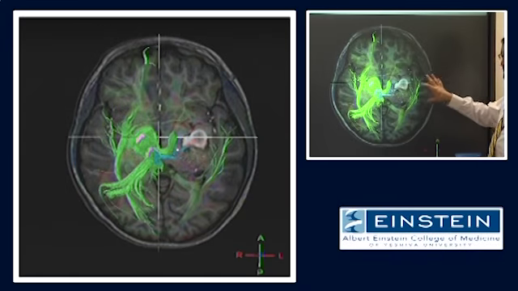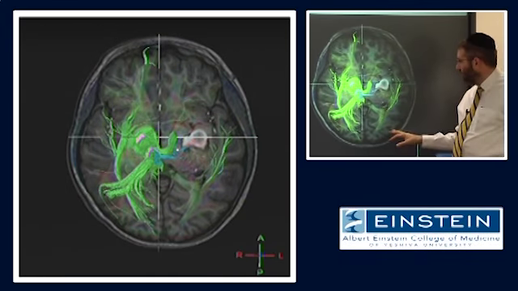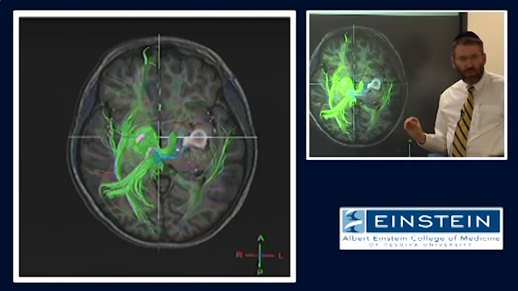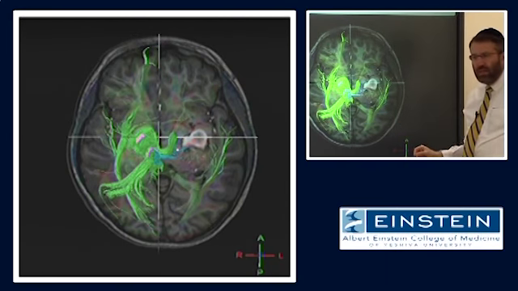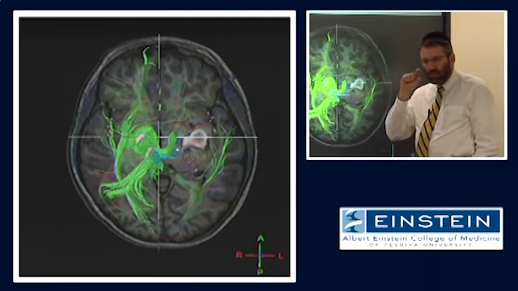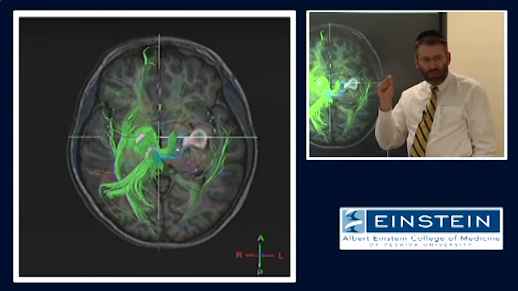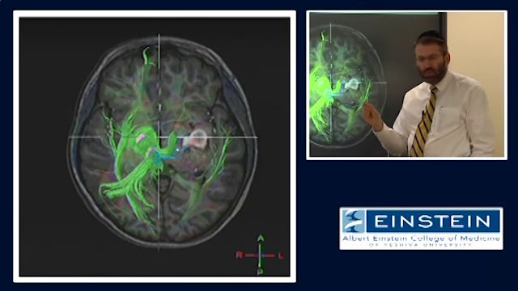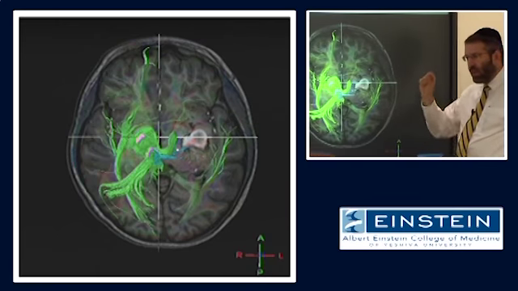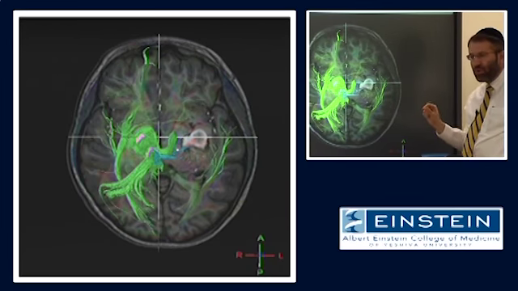Okay, so again, this is done by choosing a few different locations in the brain and asking the question, what's the principal diffusion direction at this starting location, which we can call a seed location, and where does that diffusion go from this point?